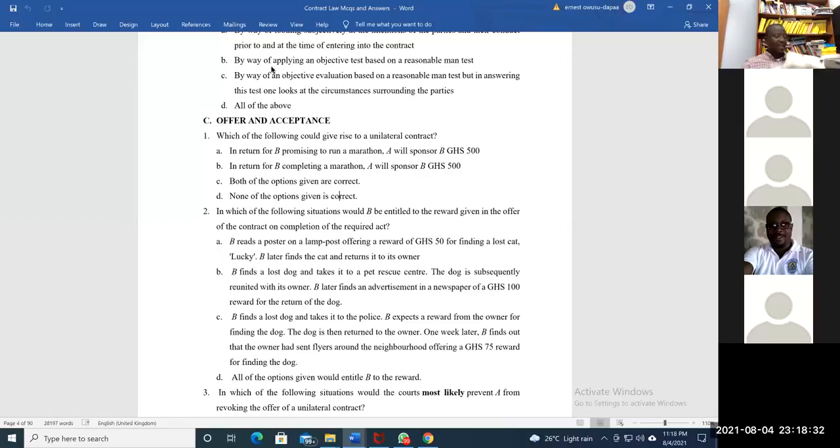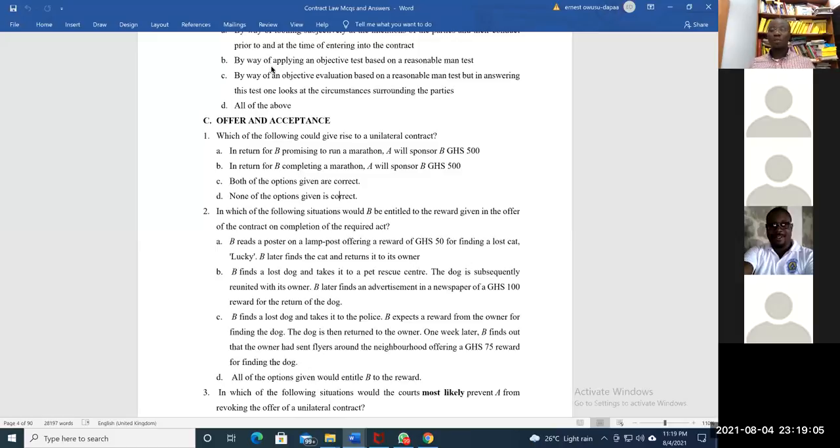So the takeaway from the explanation of unilateral contract in Black's Law Dictionary is that when the promise is made by the promisor, he has no business to expect that the promisee will actually do that which has been promised or not.